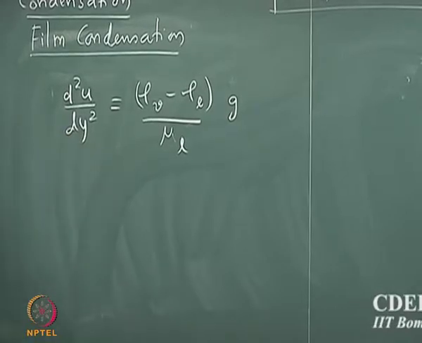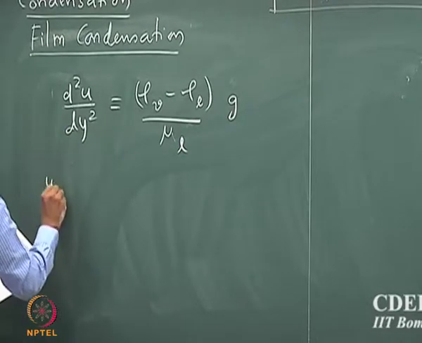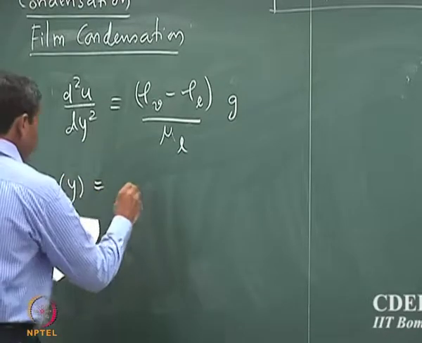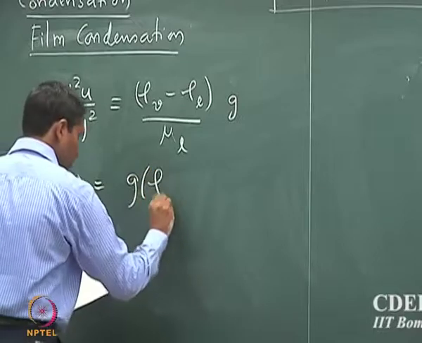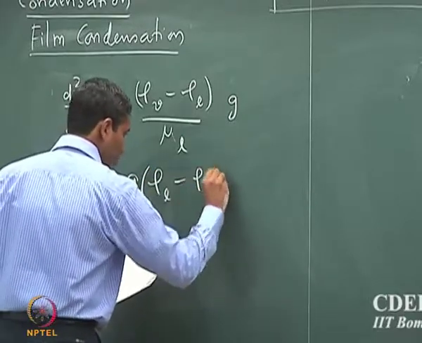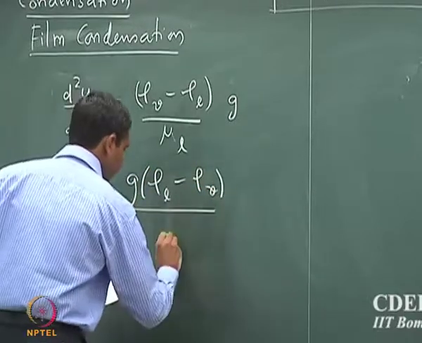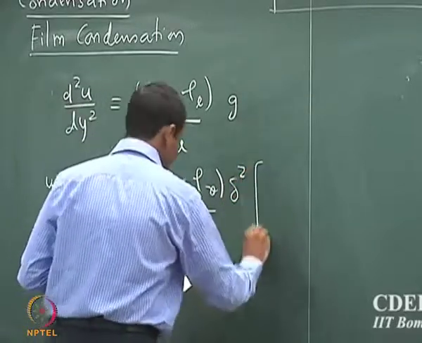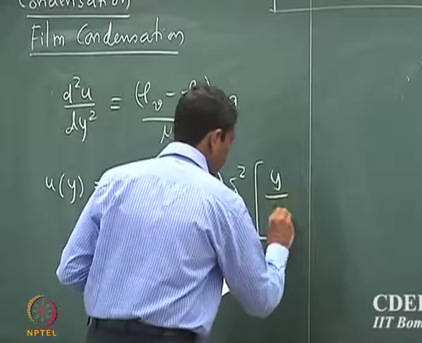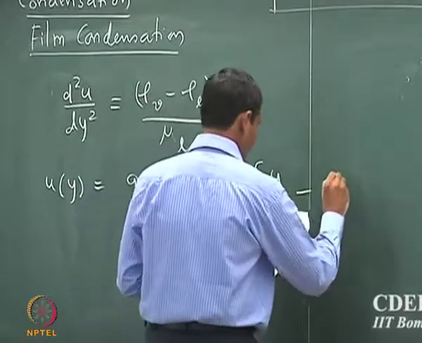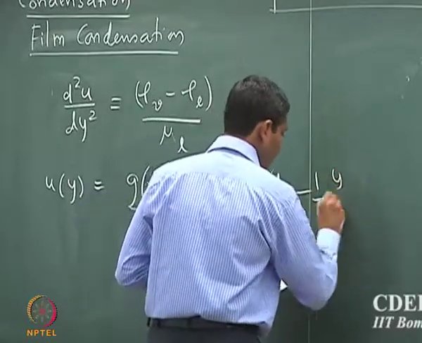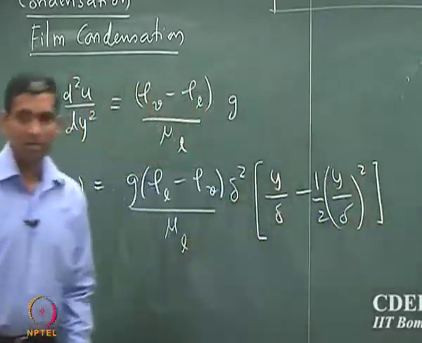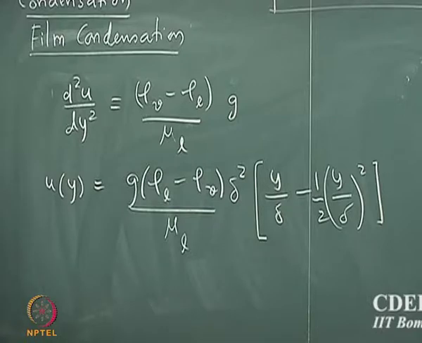So I can solve this equation: u(y) equals g into (rho L minus rho vapor) divided by the viscosity of the liquid, times delta squared, times [y/delta minus half (y/delta) the whole squared]. So, that is the solution.